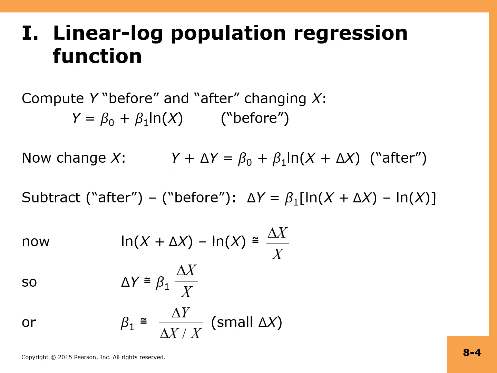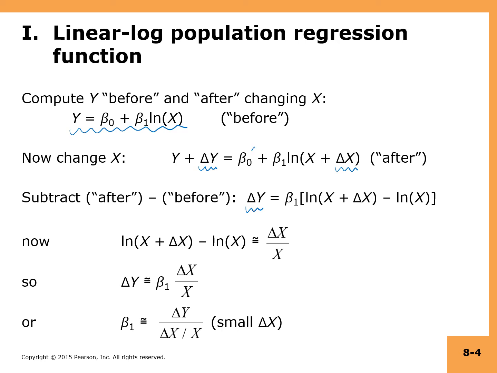First, we're going to start off with the basic linear-log function, which is y is equal to beta 0 plus beta 1 log of x. And let's say that x changes by a small amount, which also makes y change by a small amount. When you subtract this second function from the first function, y cancels out on the left-hand side, and you have change in y left.